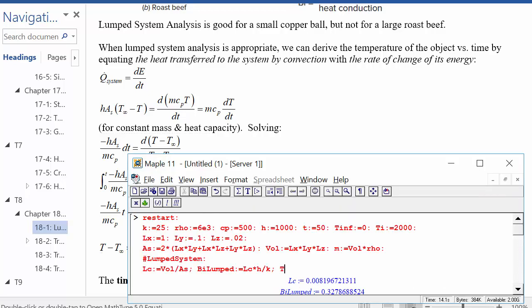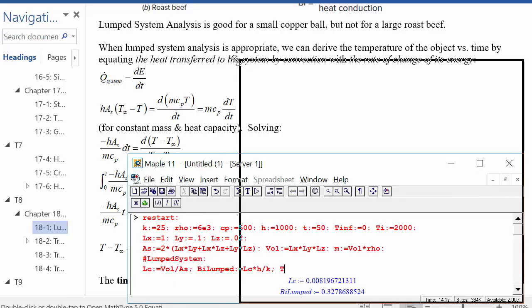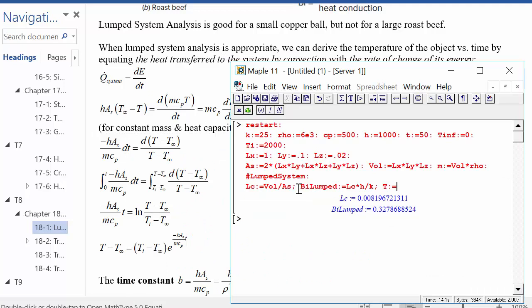So we've got temperature is equal to T inf, after we rearrange, plus Ti minus T inf times this exponential, e to the -h times As divided by m times Cp times t.